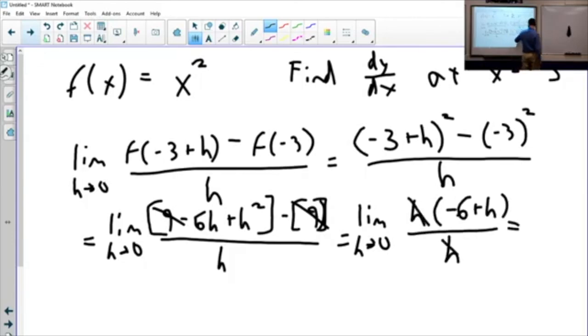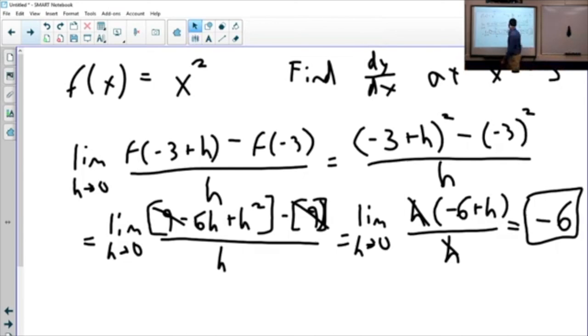So we'll get to cancel and plug in 0. When we plug in 0, we get -6. So at -3, we got -6.